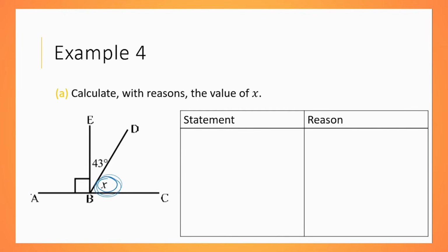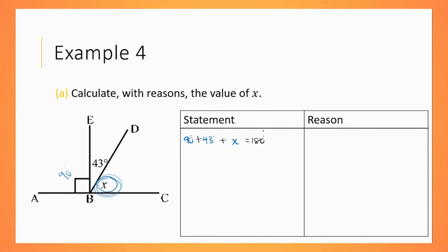So we have ABC is a straight line. We have this 43 degrees, and this symbol means 90 degrees. So those three angles, the 90, the 43, and the x, because ABC is a straight line, you can add them together and get 180 as an answer.